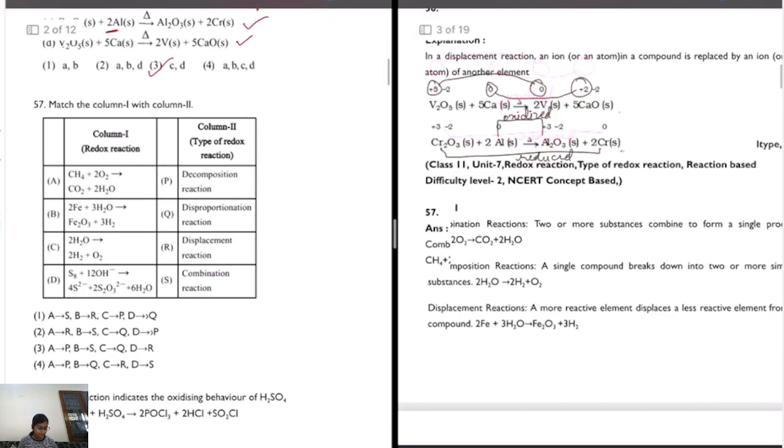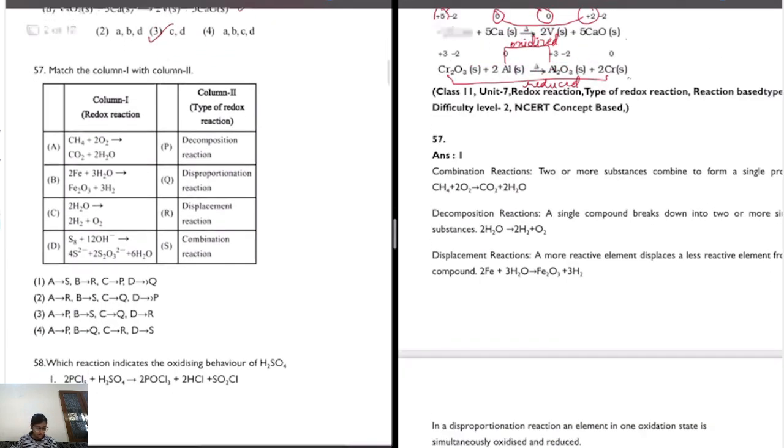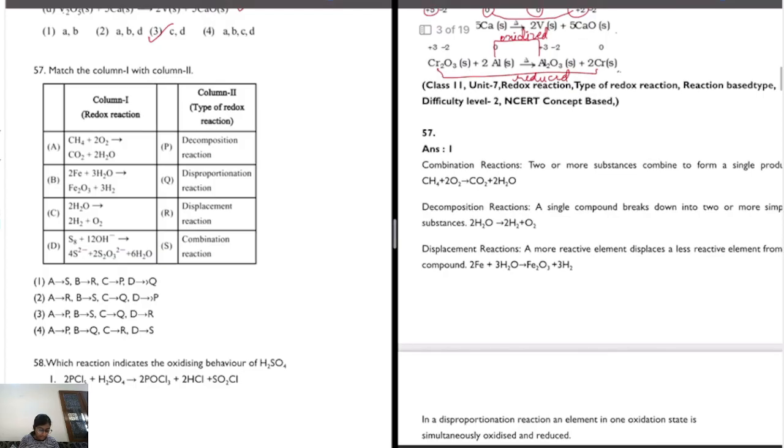In the next question, again we have to match column 1 and 2. Now you can easily make out this is an example of combustion reaction. Or if combustion reaction is not given, then what is being done here? See, oxygen is combining with CH4 and giving CO2.